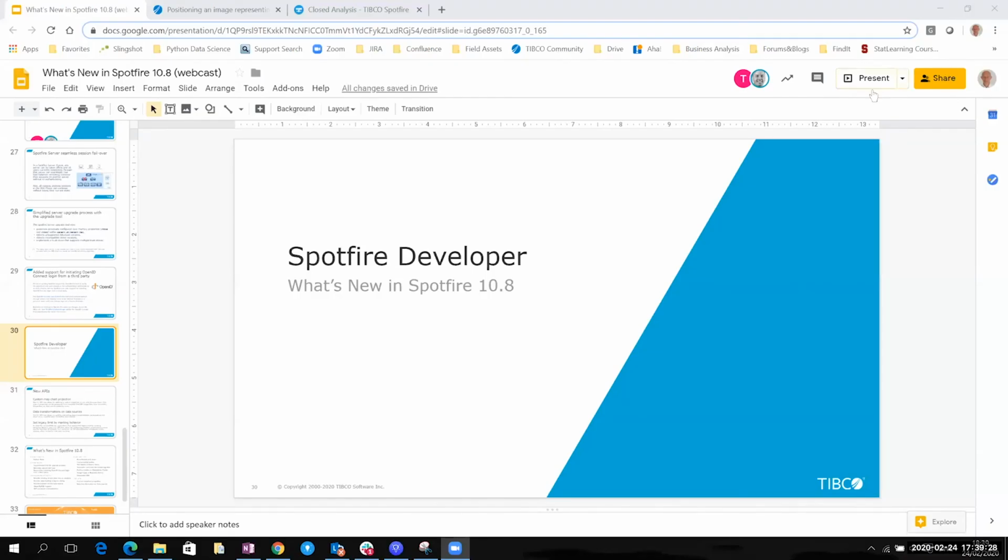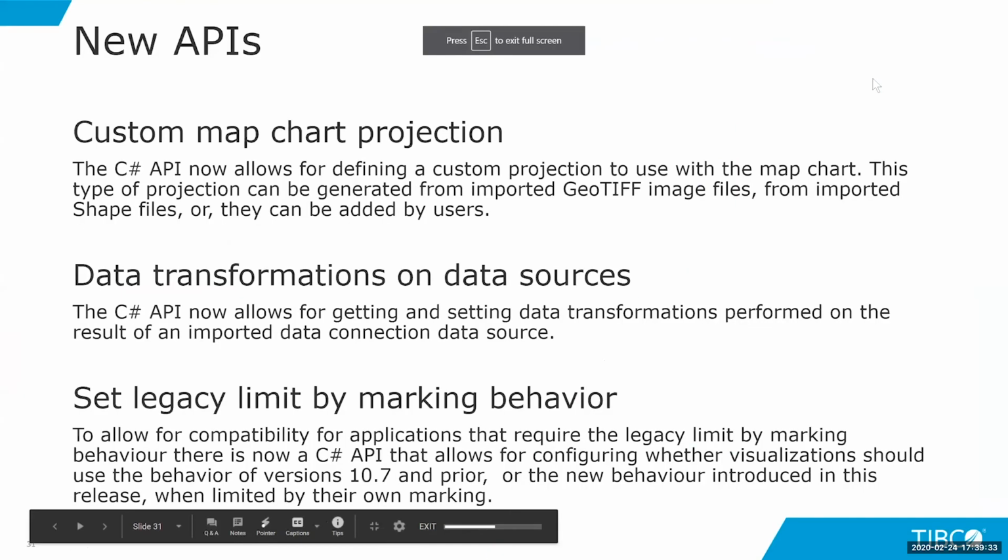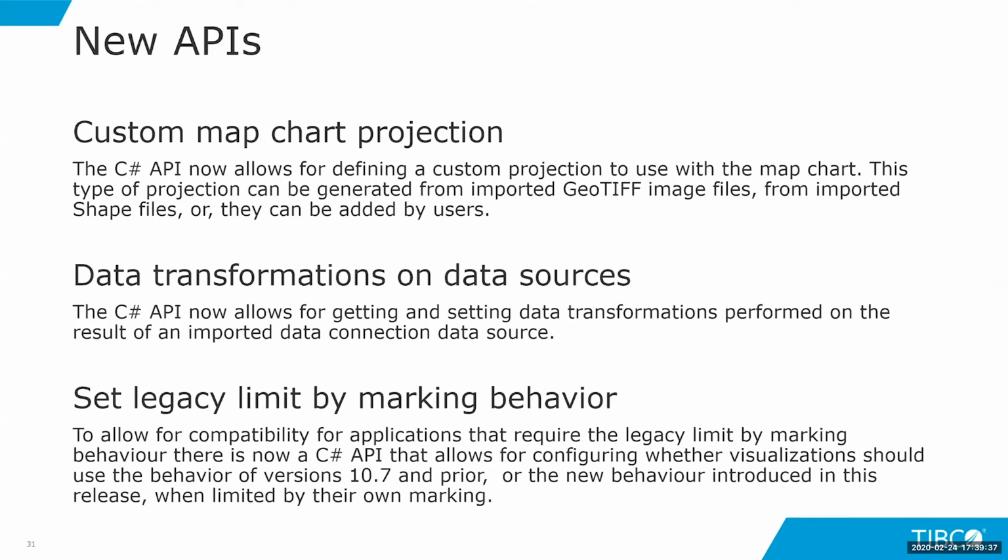And then let's just conclude with what's new for Spotfire Developer. Essentially, these are APIs that relate to the features that have been added. Like the API for defining custom map chart projections, the API for the feature with the transformation of the data sources that Thomas described, and then the API to set the legacy limit by marking behavior.